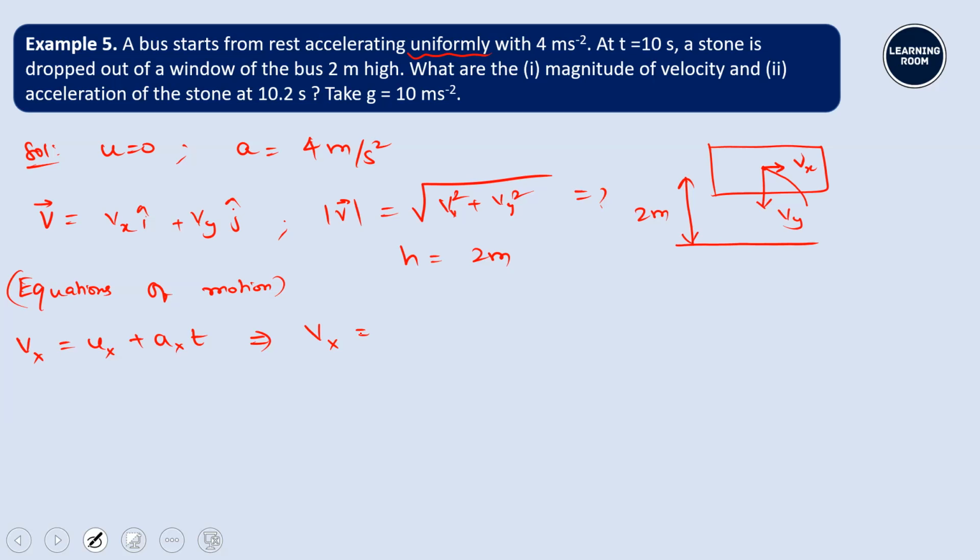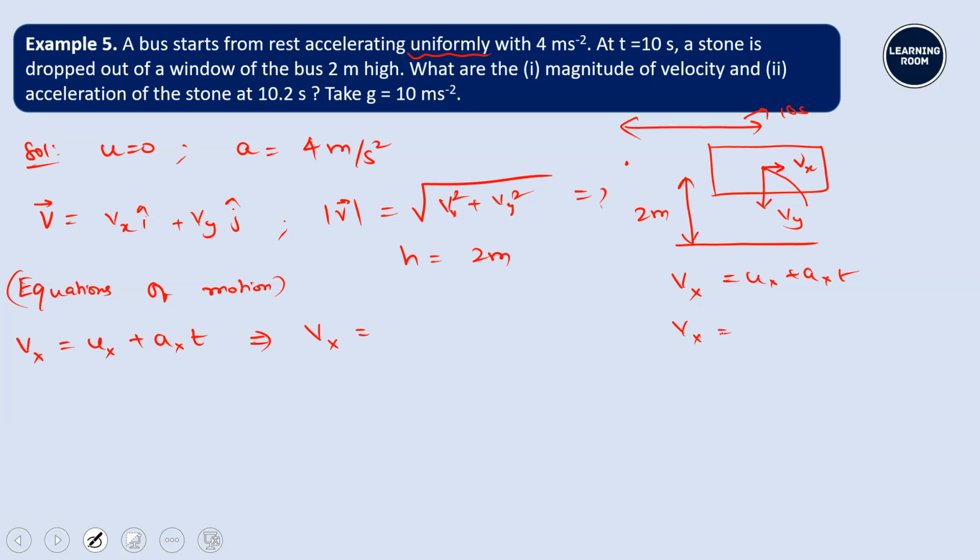It started from rest and it started accelerating at 4 meters per second square. So if you take the first scenario where it started at rest and reached some point after 10 seconds, apply the equation of motion, Vx is equal to ux plus ax into t. What is going to be the final velocity at the point the stone was dropped?